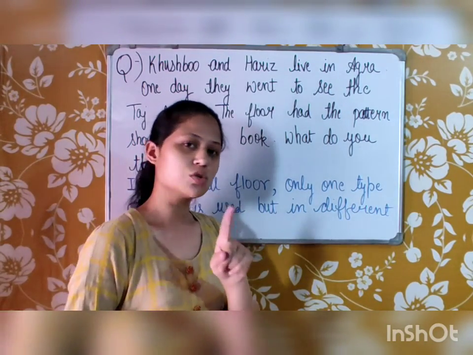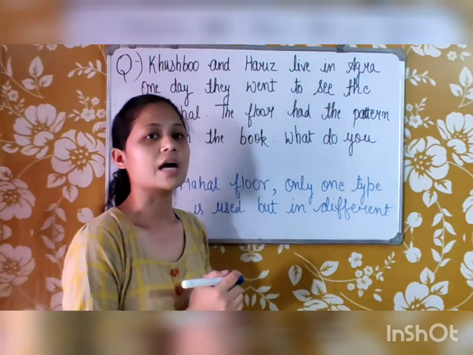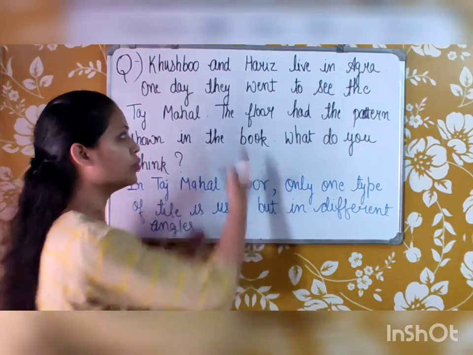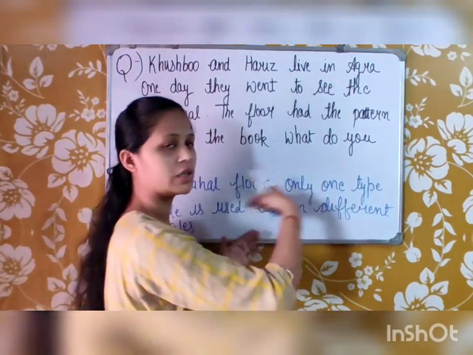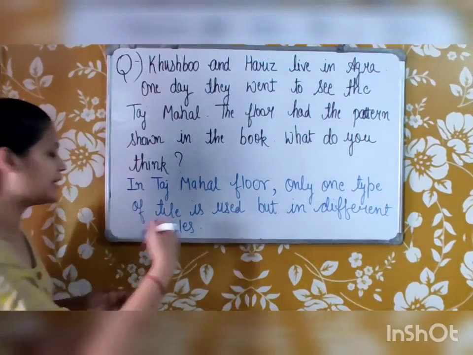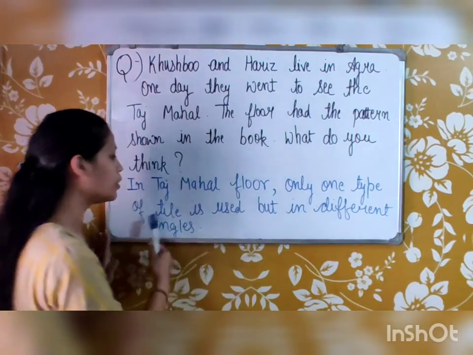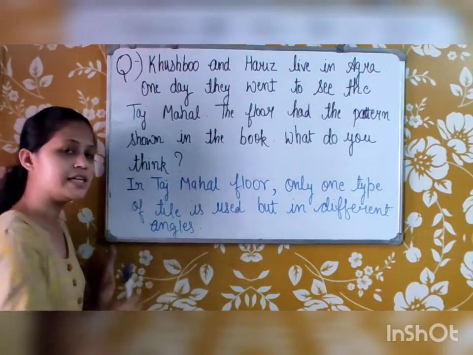Okay, the tile is only of one type, but that is put in different directions. One is put vertically, then the other is put horizontally. Then again vertically, then horizontally, it is placed like this. So we will write: in Taj Mahal floor only one type of tile is used, but in different angles.